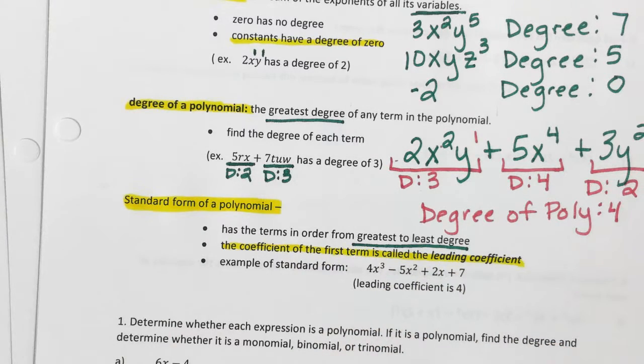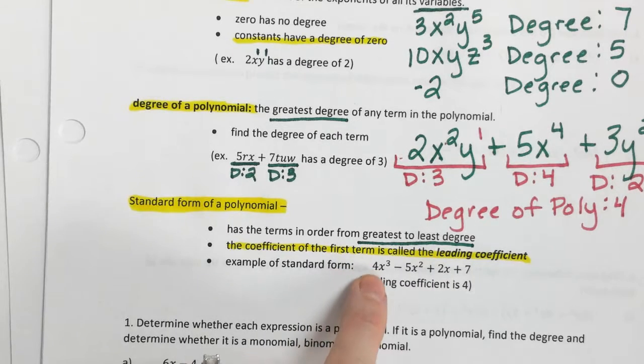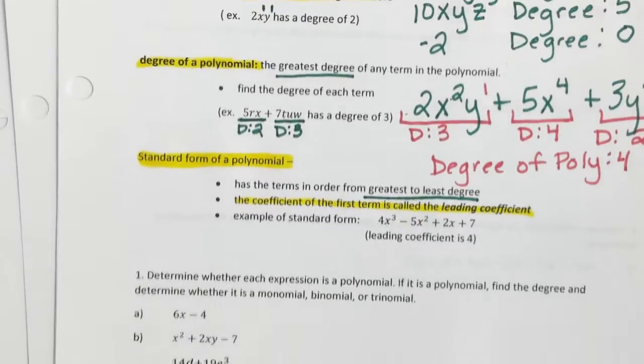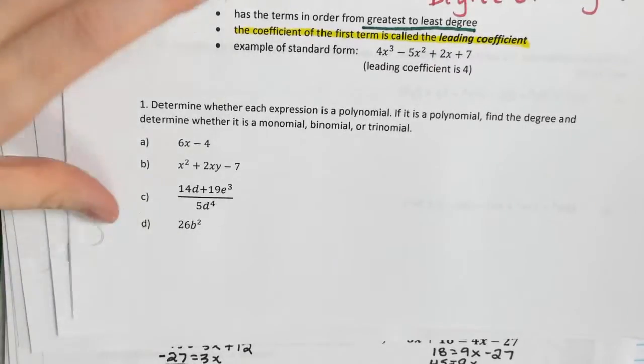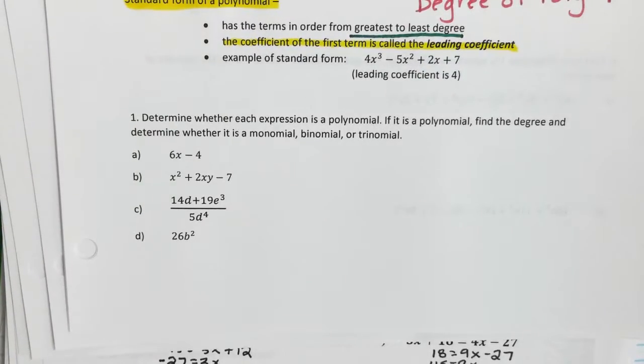The coefficient of the first term, once it's in standard form, is called the leading coefficient. So, for example, here the leading coefficient is 4. It'd just be 1. It's like an imaginary 1 is there.